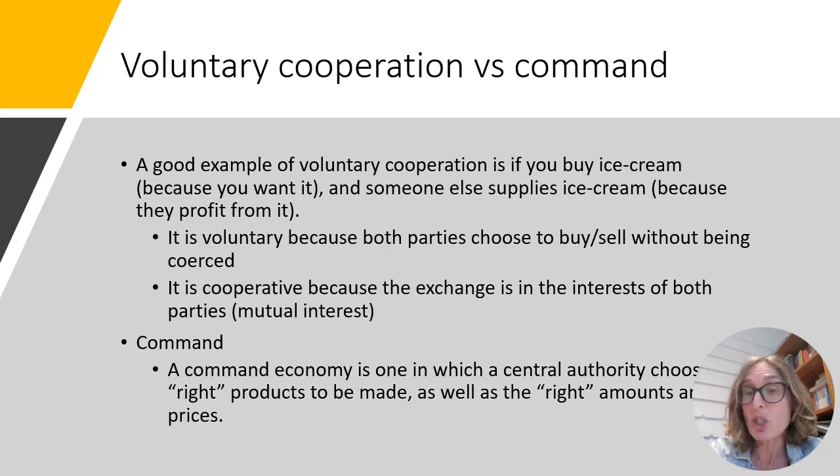It's mutual interest. If you compare this to a command economy, and the neoclassical economists would describe the Marxian political economic approach as advocating for a command economy, that would be one in which a central authority chooses the right products to be made and the right amounts at the right prices.